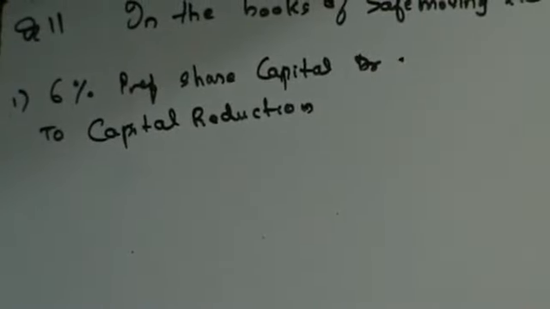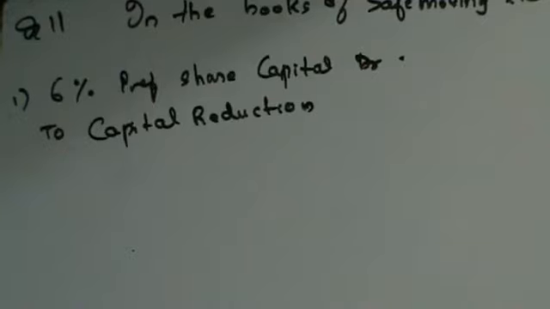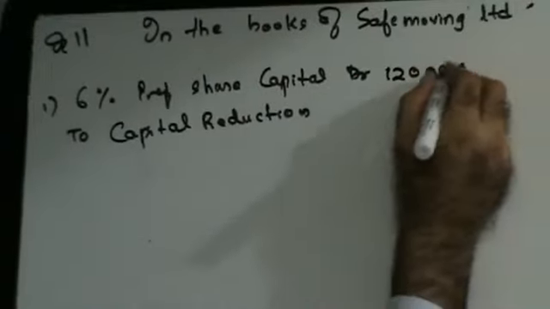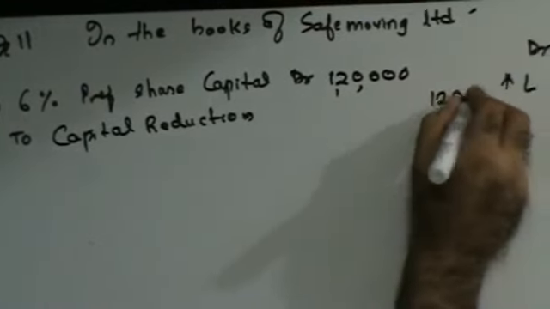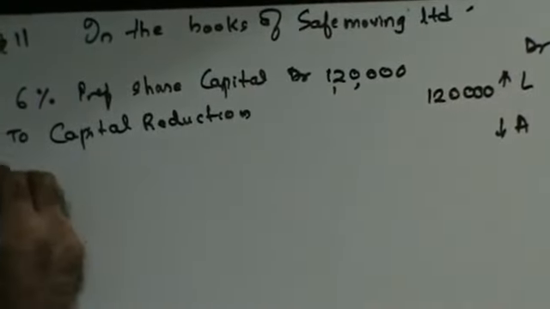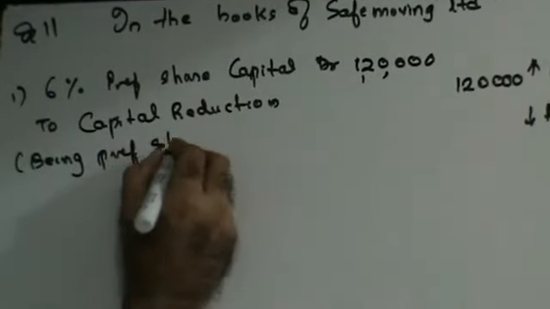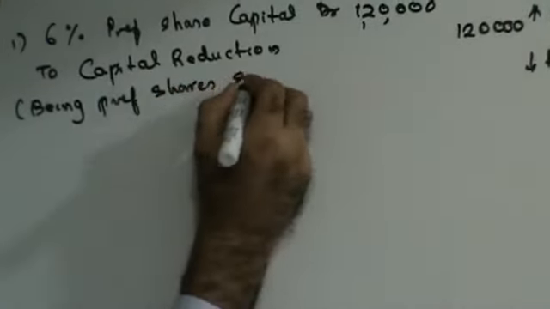Amount is going to be reduced to 8 rupees, that means each preference share is being reduced by 2 rupees. On 60,000 shares, 2 rupees each, 1,20,000. Being preference shares reduced.